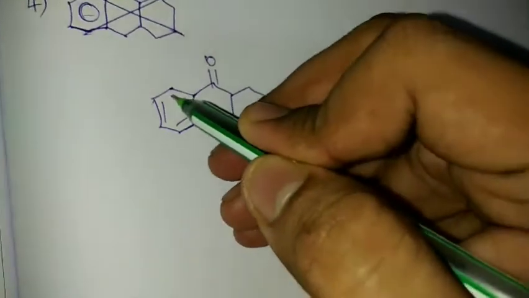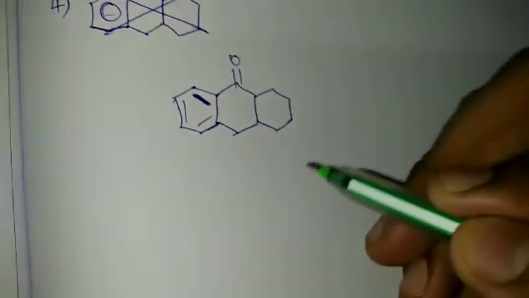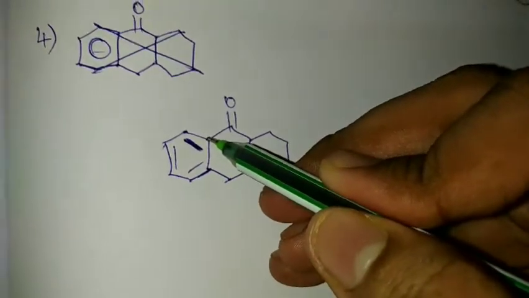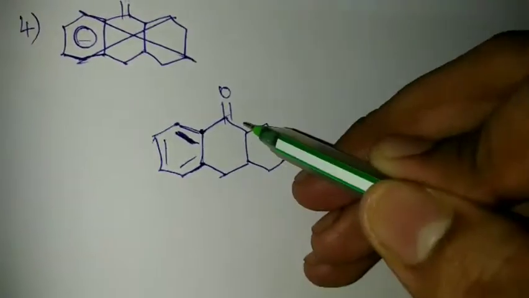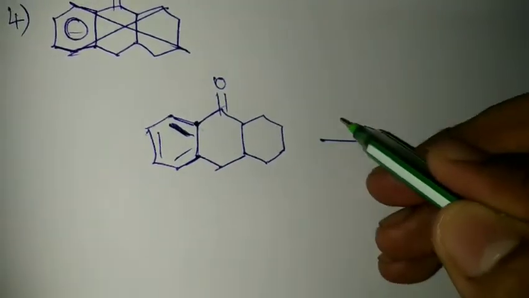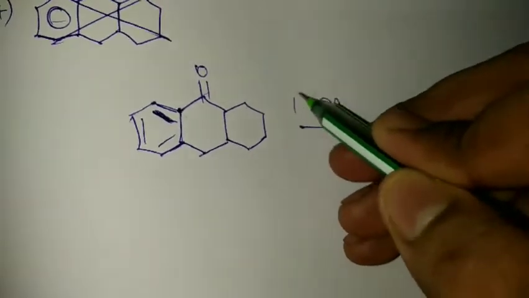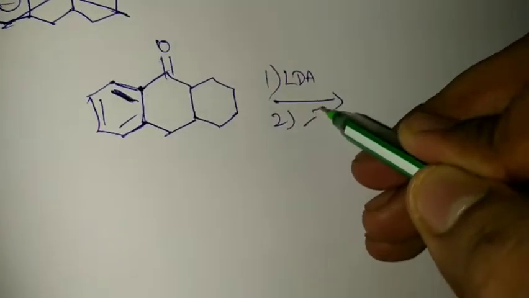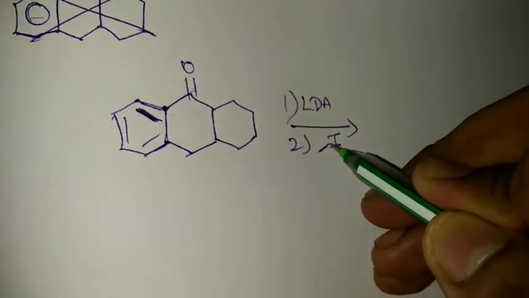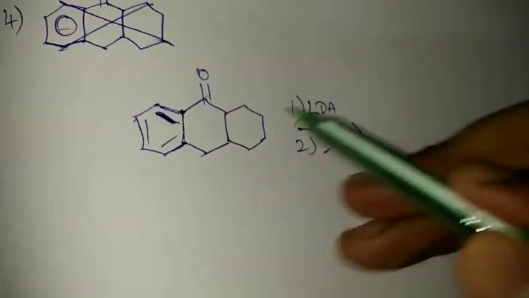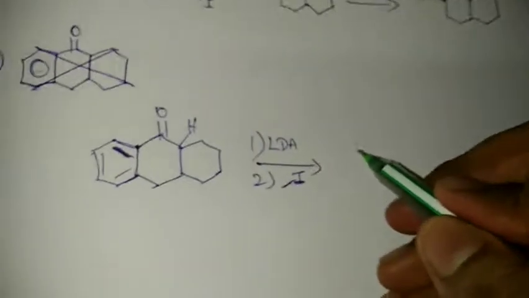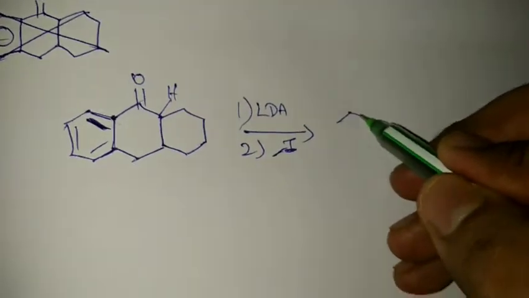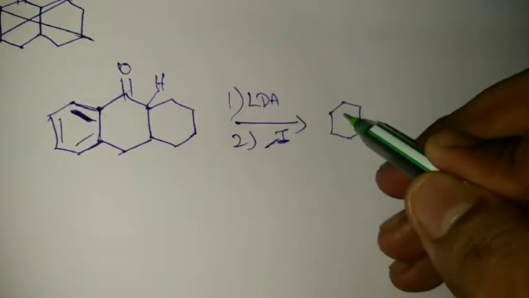So this is the compound, right? Now if you see here, there are no alpha hydrogens. The reagents are LDA and CH3I. So this cannot abstract a proton from here. It should abstract a proton from here only, even though this is the more hindered side, but there is no other way.